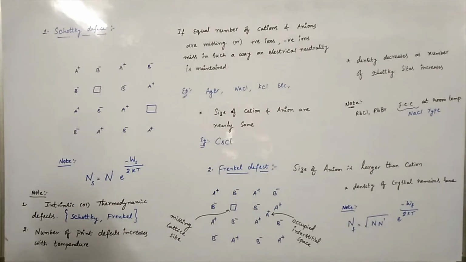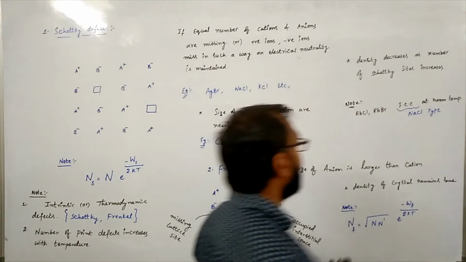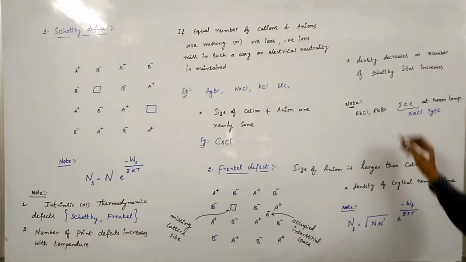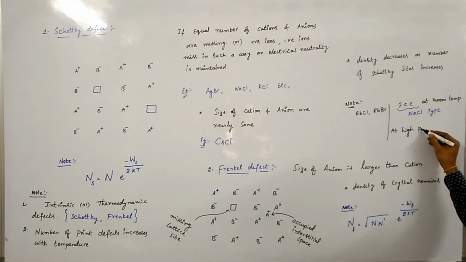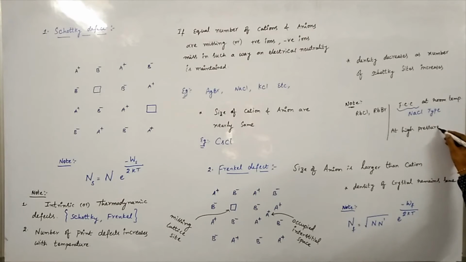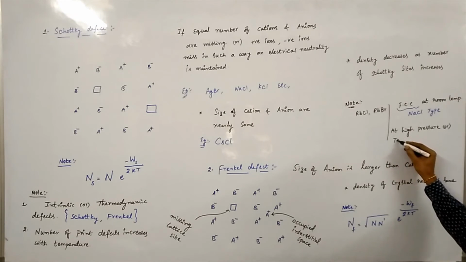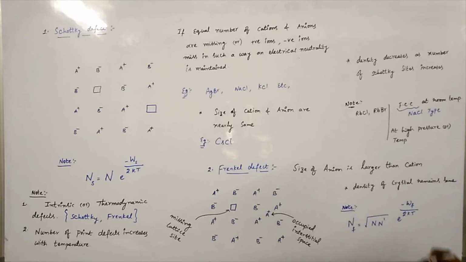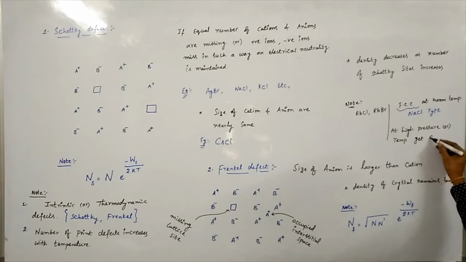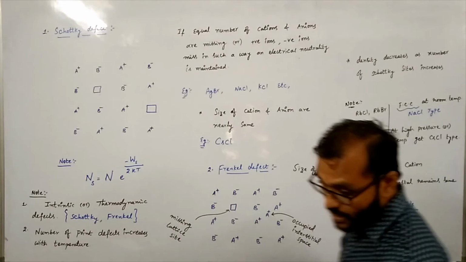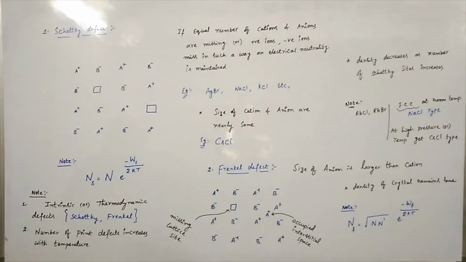You get NaCl type at room temperature. At high pressure or temperature, they get cesium chloride type crystal geometry.